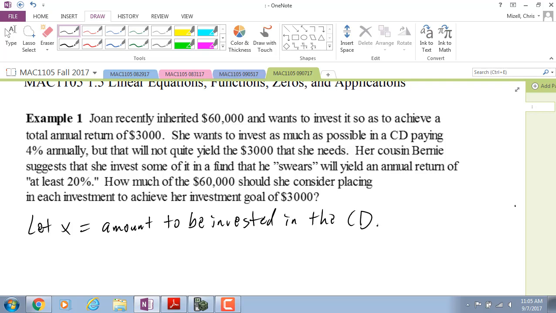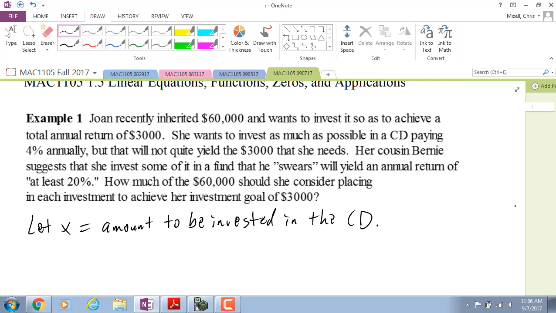Suppose that she goes with $50,000. She buys a CD, $50,000, and puts the rest of it in Bernie's fund. How much then would go into Bernie's fund? Total of $60,000. Putting $50,000 in the CD. How much? $10,000. The question would be, how did you get $10,000?